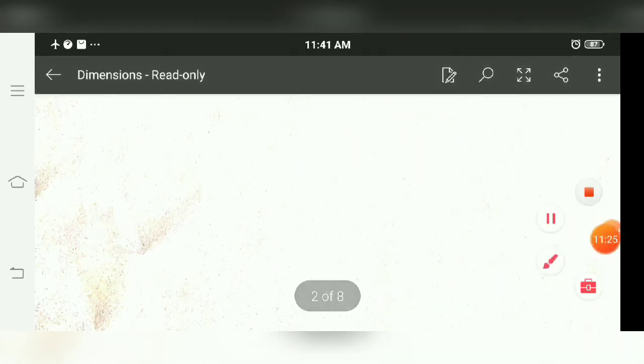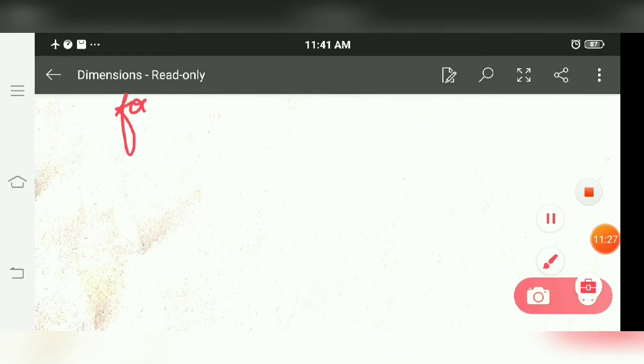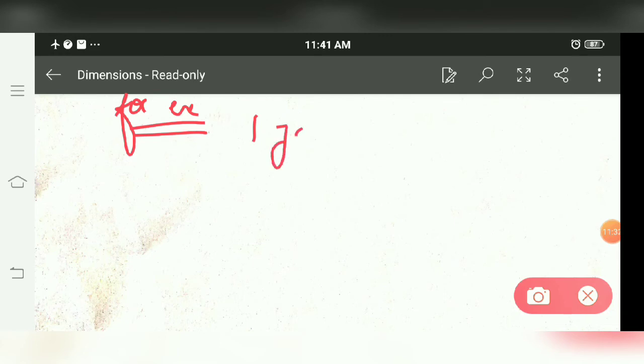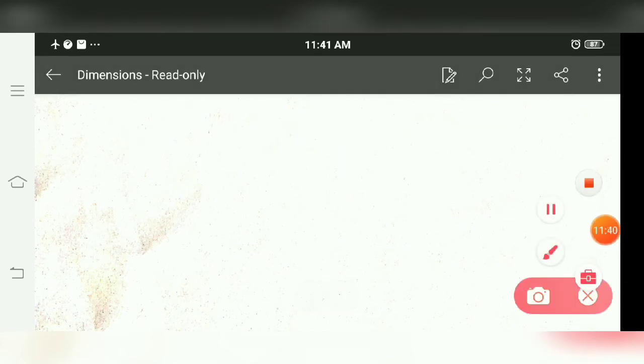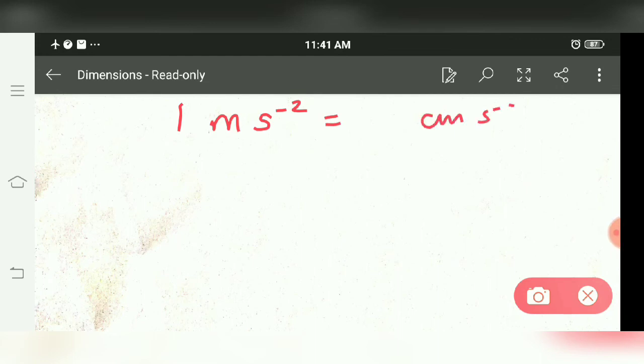For example, we have to convert 1 joule into erg. Or say, take a very simple example. We have to convert 1 meter per second square into centimeter per second square.